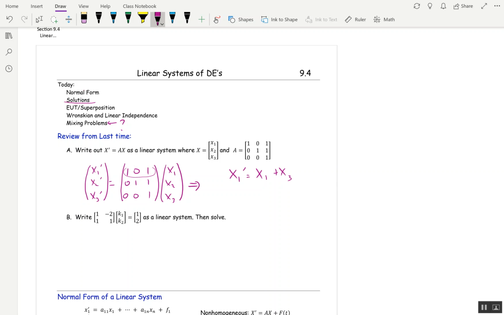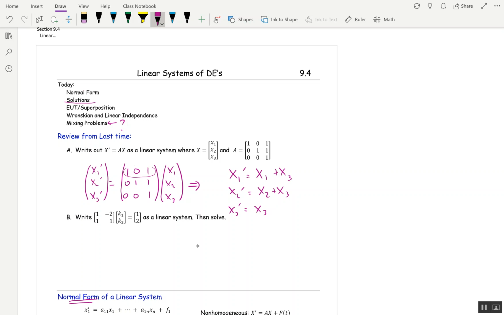Our middle equation will read x2 prime is x2 plus x3, and our last equation is going to read x3 prime is x3. And that's actually what we call the normal form of a linear system in three unknowns with three equations. So we've already started what we're going to talk about today.